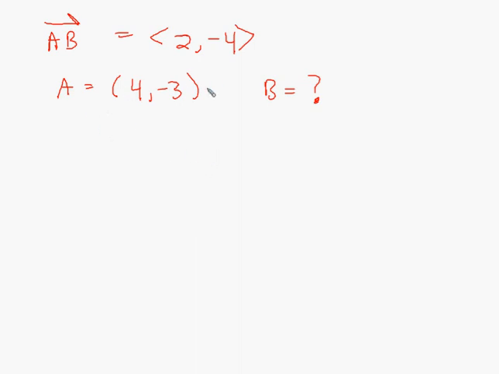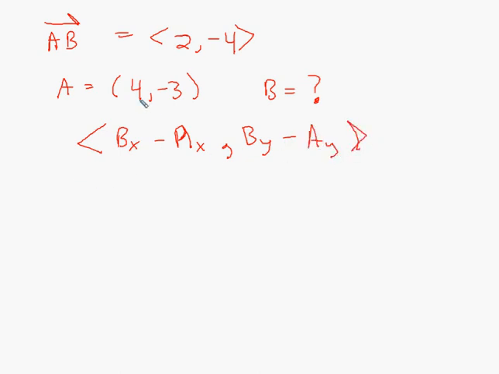Well, we need to remember how we got this to begin with. It would be bx minus ax, comma, by minus ay.